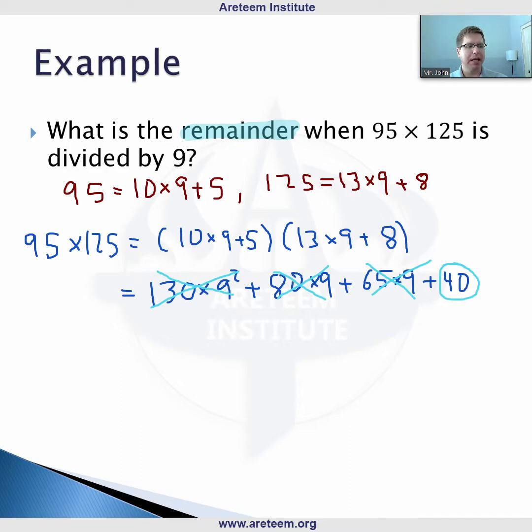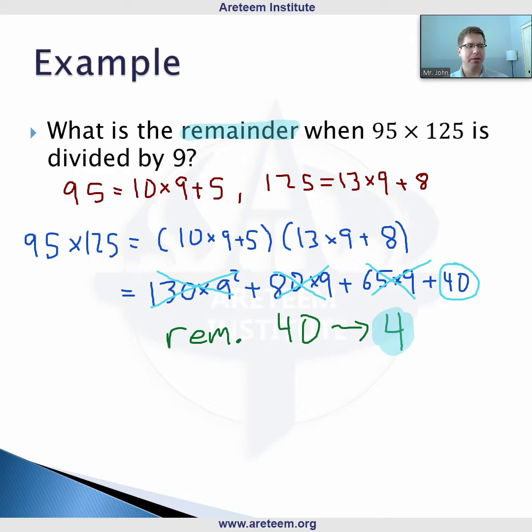So if we look at the remainder, the remainder here when we divide by 9 is 40, but that itself we have to simplify. 40 has a remainder of 4 when we divide by 9. So we can multiply it out with our powers of 9 separate, and then we see that they don't matter in this scenario.